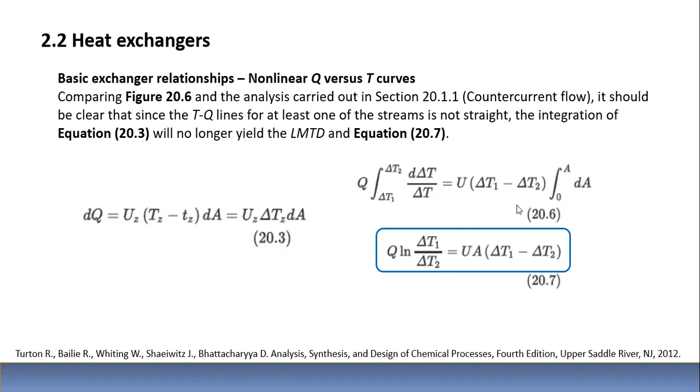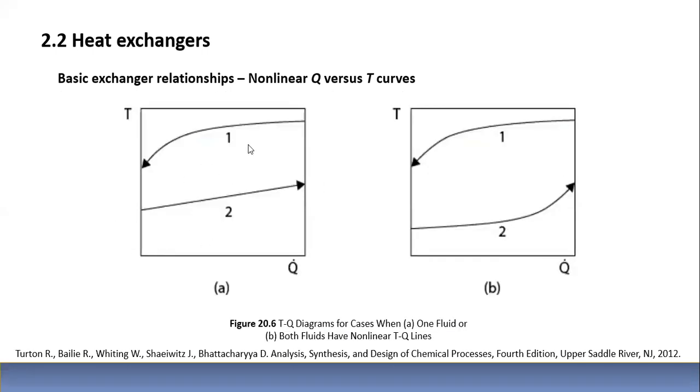So equation 20.7 will not be the result of integrating this in the case that CP is changing with temperature, as we see in scene number 1 on the left.